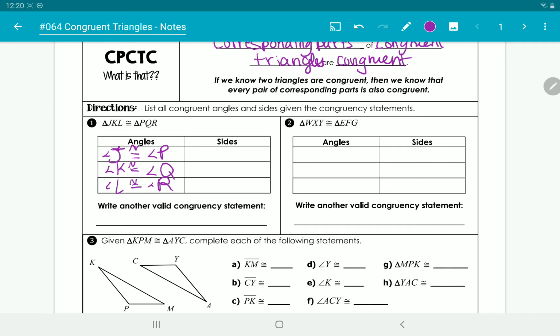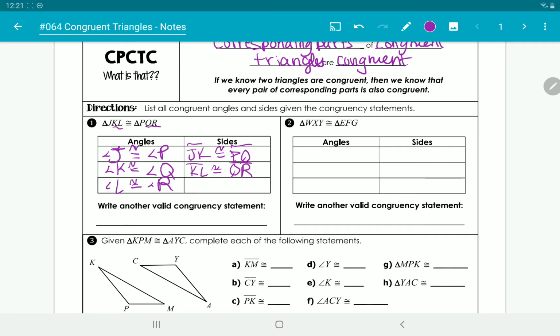Okay, so for the angles, the first letter is congruent to the first letter, the second to the second. And then for the sides, if they're in the same positions, JK is a side, pick 2 of the points, and that's going to be congruent to the first two, PQ. Now let's do second and last, so the last 2 letters, KL, that side is going to be congruent to the last 2 letters on the next one, QR.